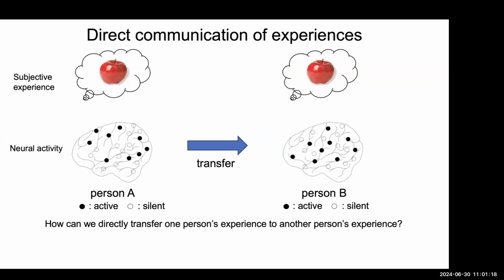Let's assume that you have access to every neuron in person A and also in person B, and you can stimulate these neurons as you wish. Then how should you stimulate person B's neurons if you want to directly convey person A's experience to person B?